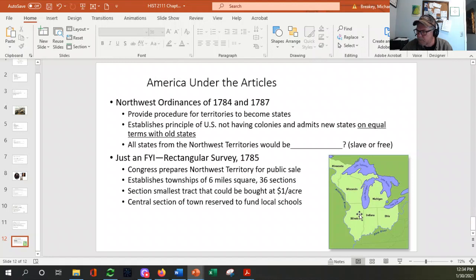Right? And the last piece of this, the rectangular survey, if you ever go to the Midwest, it's like the town square, they're designed in this kind of rectangular fashion, and that's why. So enough on that. That finishes up. That's all we didn't cover. Not bad, huh?